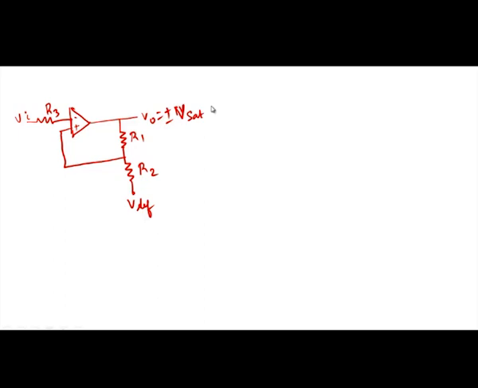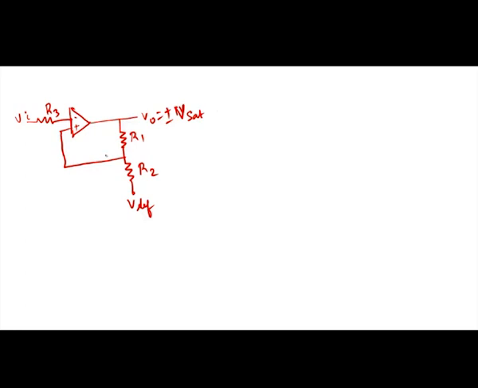To the negative terminal we are giving the AC signal Vi through the resistance R3, and to the positive terminal we are giving the output voltage, which is divided through the resistors R1, R2. Here V reference is given, and this is the output voltage, either plus or minus V saturation. So, this is the circuit of the regenerative comparator.